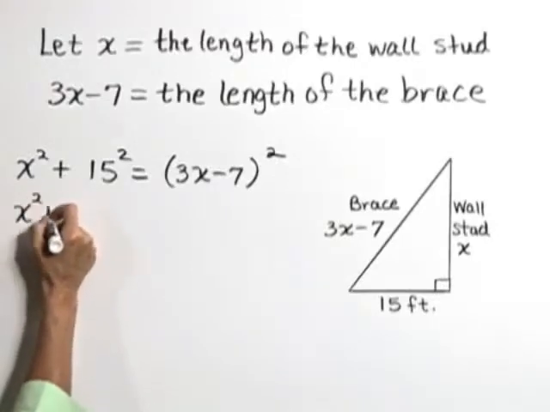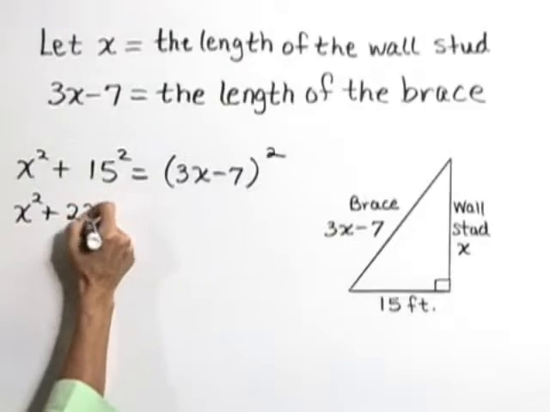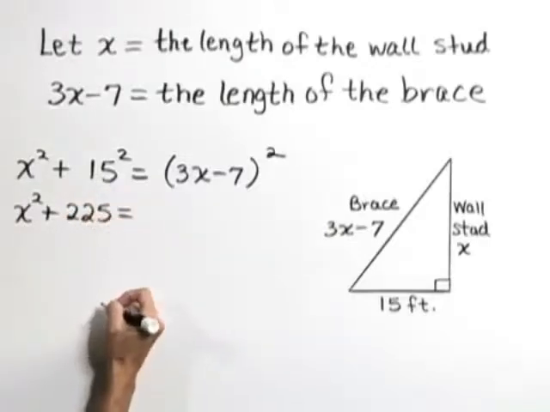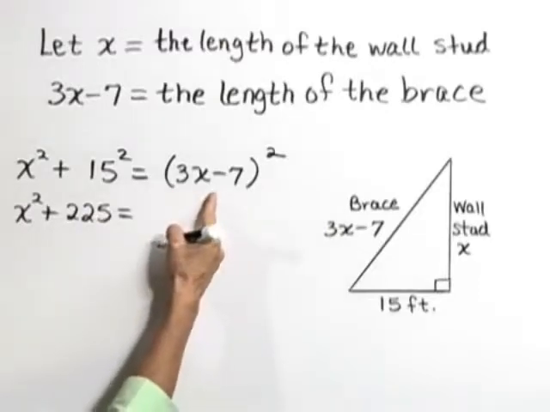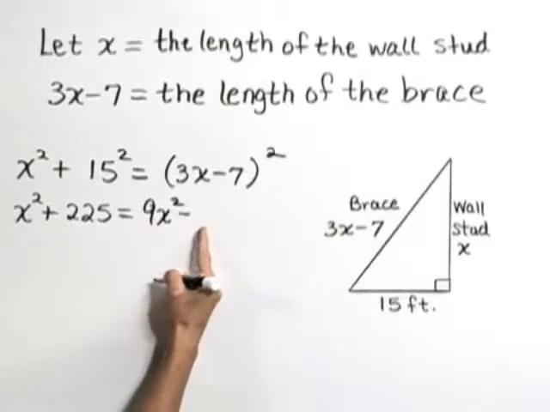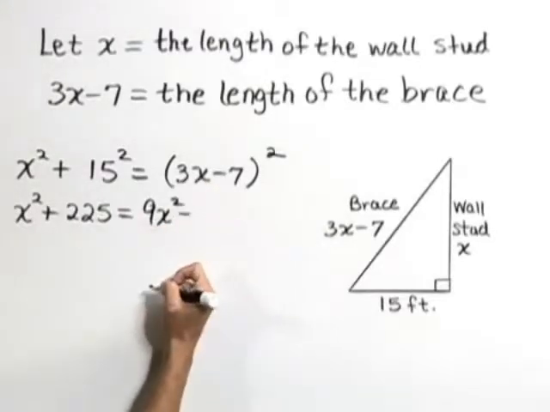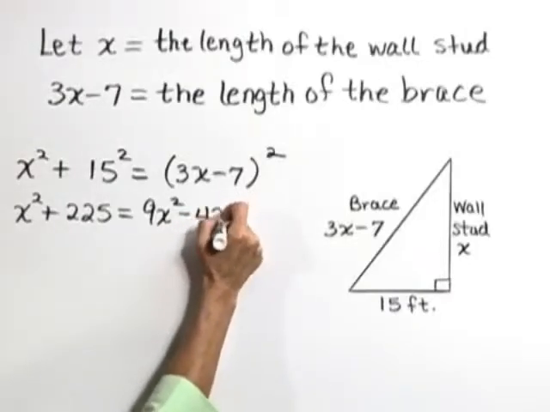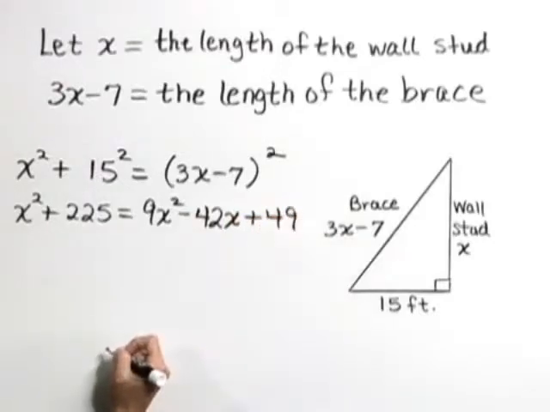On the left-hand side, we've got an x squared plus 15 times 15 is 225. On the right side, foiling or squaring this binomial, we get a 9x squared minus 2 of the products, 3x times 7, that's a minus 42x, and plus 49.